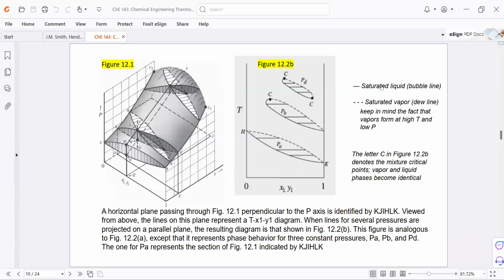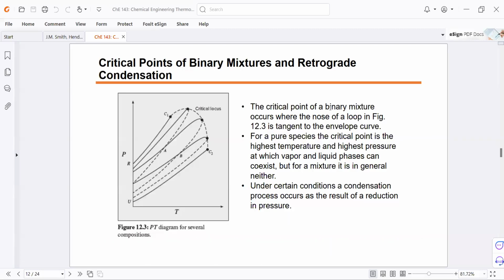Yes, the solid line is the saturated liquid, and the dashed line represents the saturated vapor line. So each of the loops represents the composition of saturated liquid and saturated vapor. And the nose of the loop would follow this critical locus. So it's tangent to this critical locus.